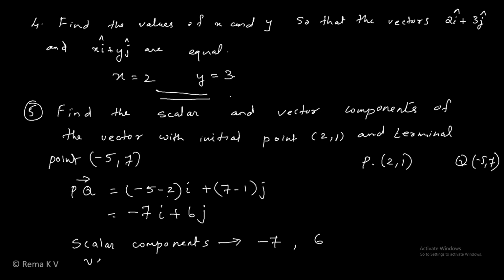And the vector components minus 7i plus 6j. See, if you have to find the modulus of this vector PQ, then you have to use the distance formula. You can apply distance formula then. It is root of minus 7 square plus 6 square.